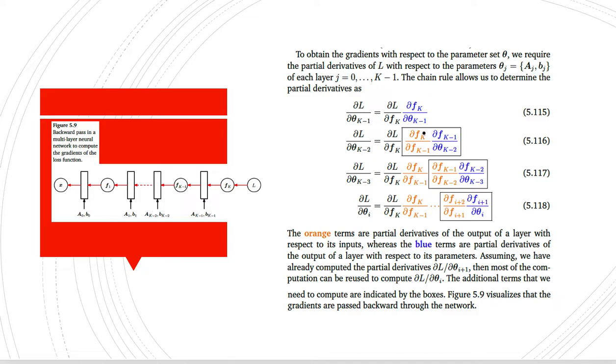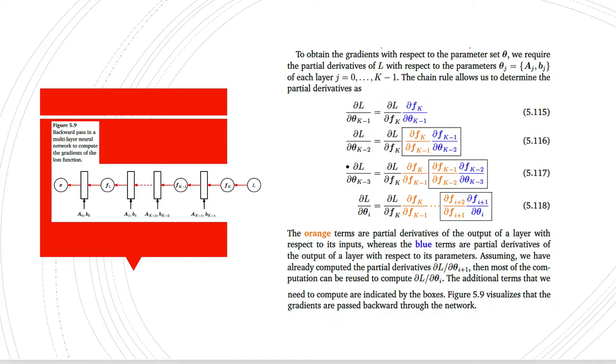Okay, so the K here is the output, the K-1 is input. Whereas the blue are the partial derivatives of the output of a layer with respect to its parameter.